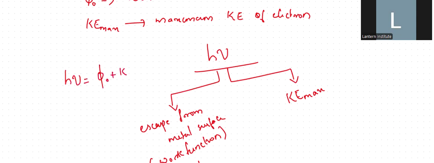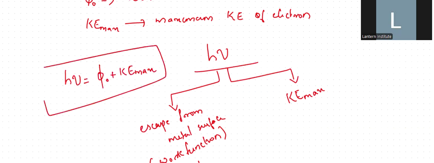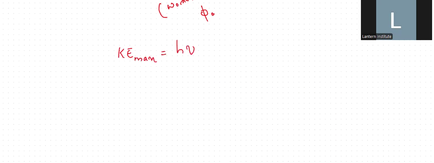From this equation, we can write the equation for kinetic energy maximum, that is kinetic energy maximum is equal to h nu minus phi naught. This is the second equation.